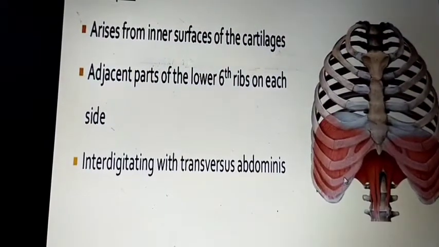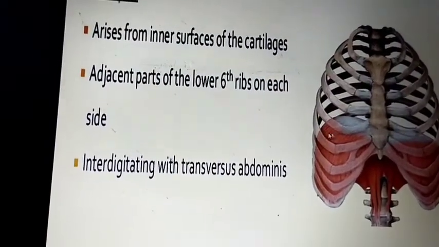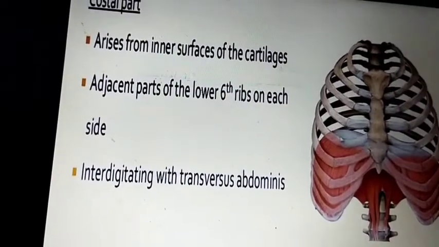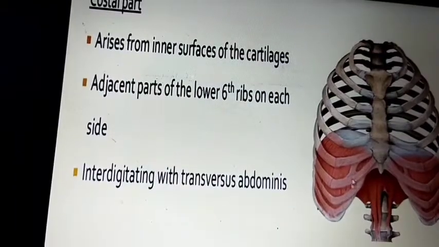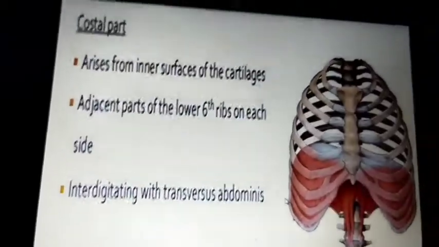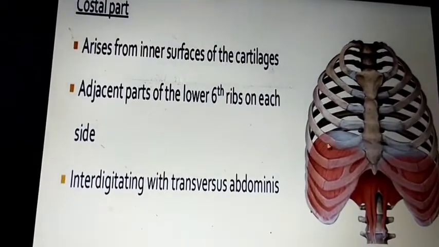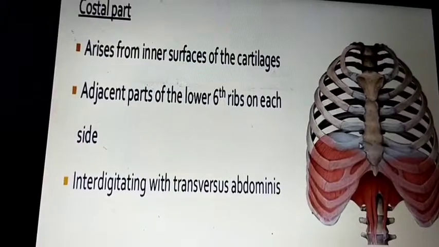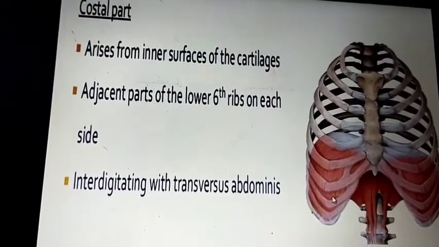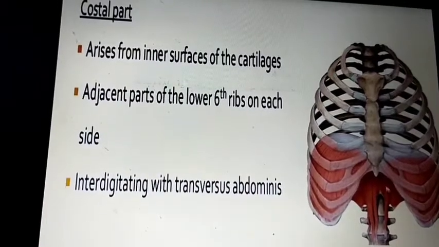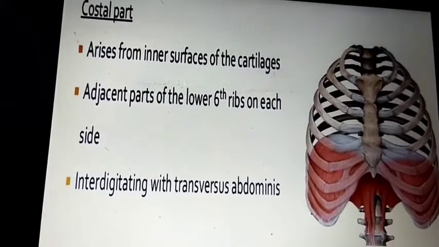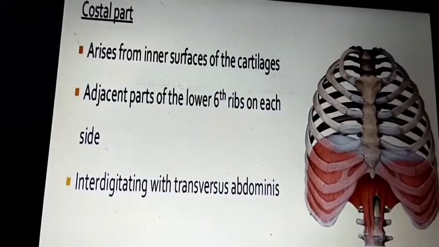Now costal means ribs. It originates from the costal ribs, arising from the inner surface of the cartilages of the adjacent part of the lower six ribs on each side, interdigitating with the transverse abdominis.